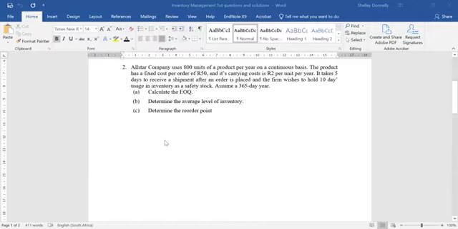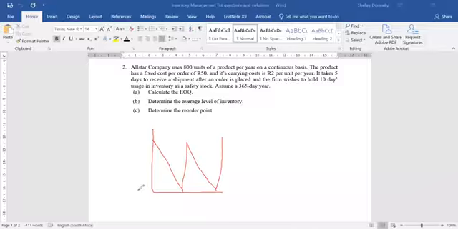So I wish I could draw my thing again, because what that sawtooth pattern actually sits on top of, sorry, that should go down to there, is the safety level of 10 days worth of stock. Now, what is 10 days worth of stock?